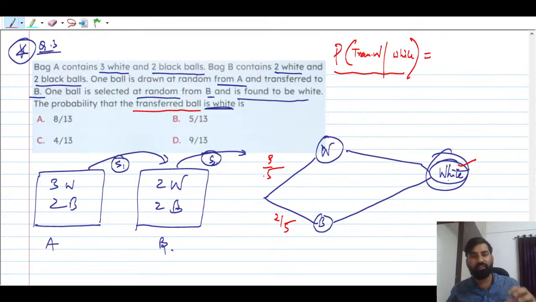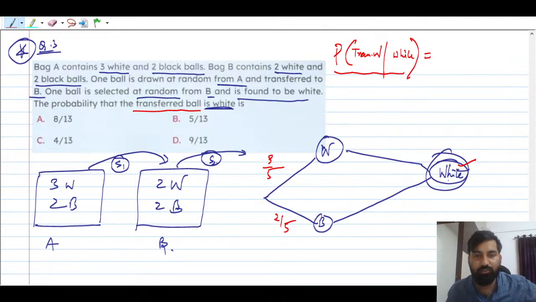Now once you have got these probabilities, suppose you have taken one white ball and kept it here, so the white balls will become 3, and two black balls are already there, so you have to select. What is the probability that you are going to select a white ball?